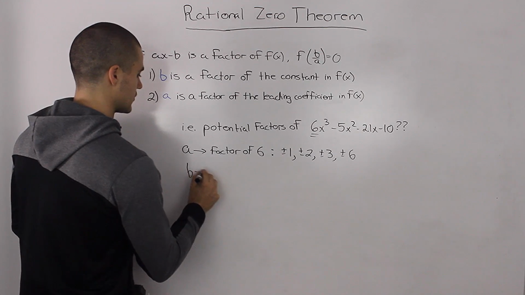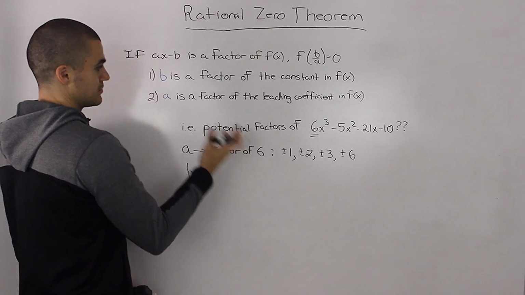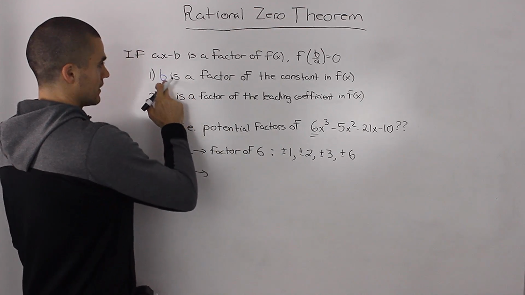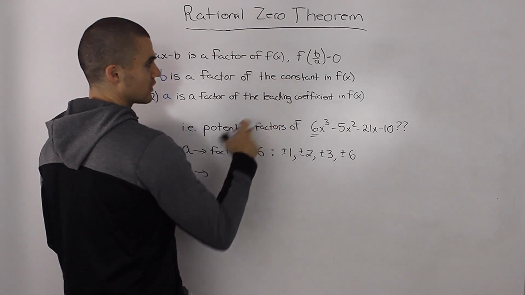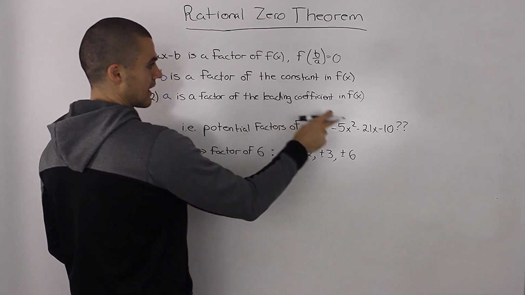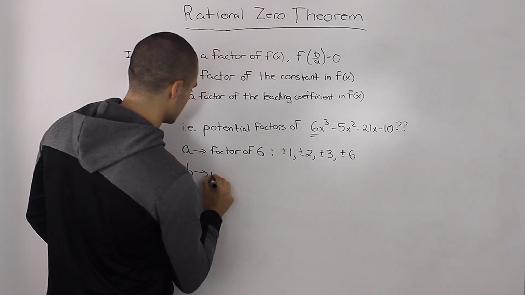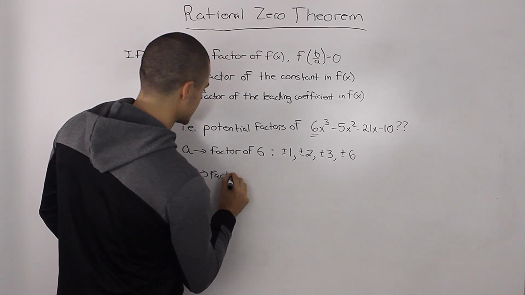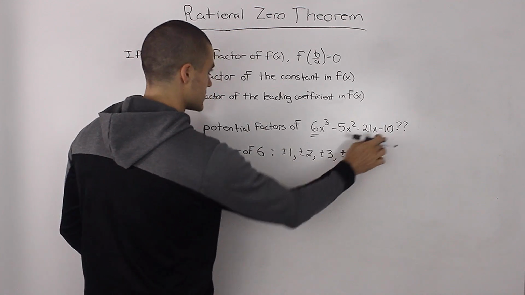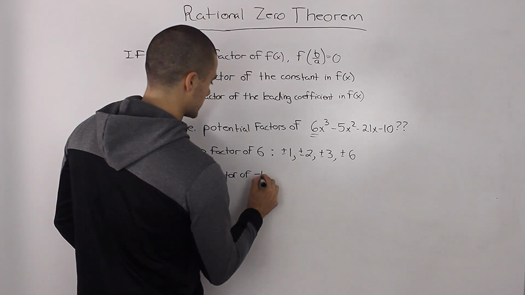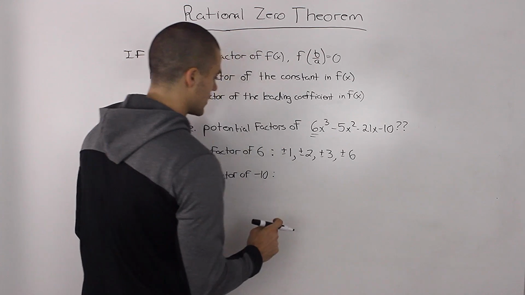Now the b value of any potential factors is going to be a factor of the constant in our polynomial, and our constant is 10, if you see here. It's negative 10. It doesn't matter whether it's positive or negative.